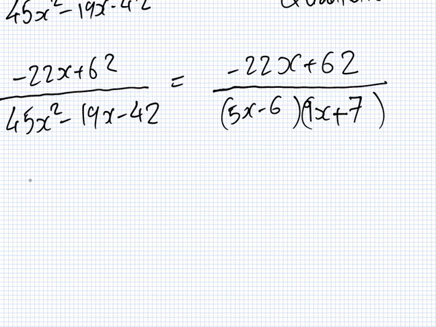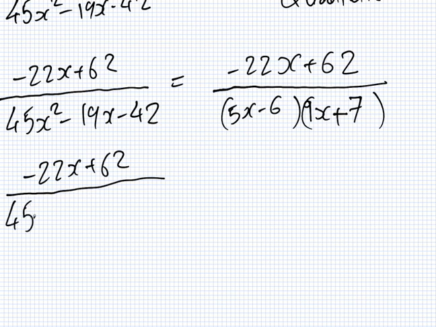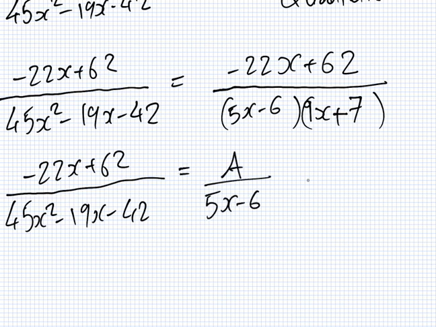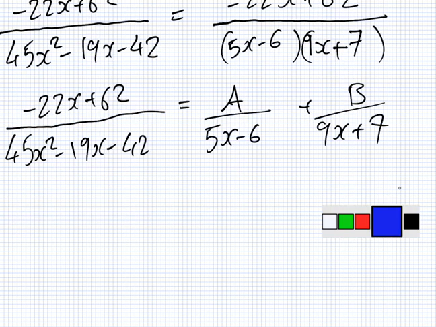So we think that this fraction here I should be able to write it as a over 5x minus 6 plus b over 9x plus 7. So far it looks the same. And in fact, the next step is the same also. We multiply by the two factors.